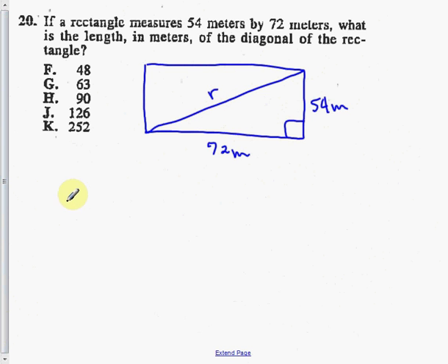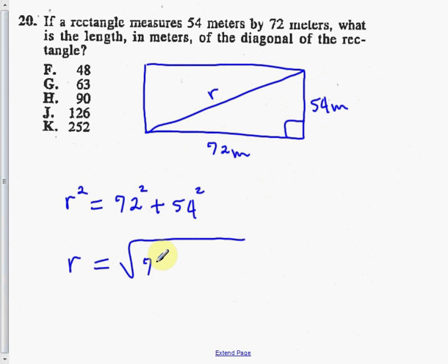So what is the length? So you get r squared is equal to 72 squared plus 54 squared. So r is the square root of 72 squared plus 54 squared.